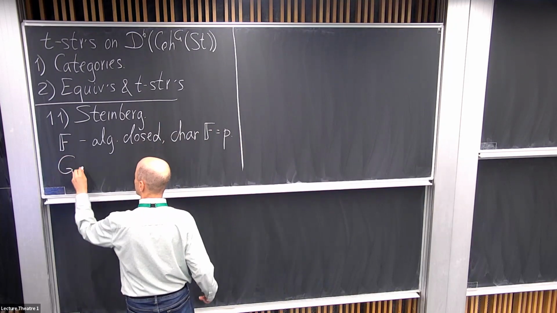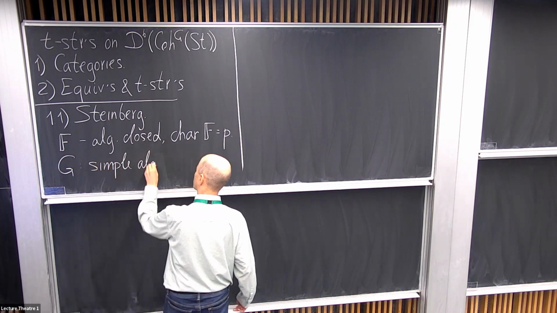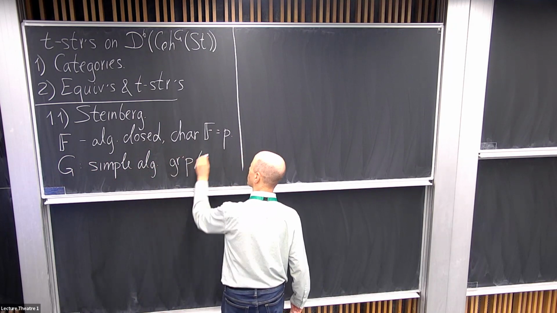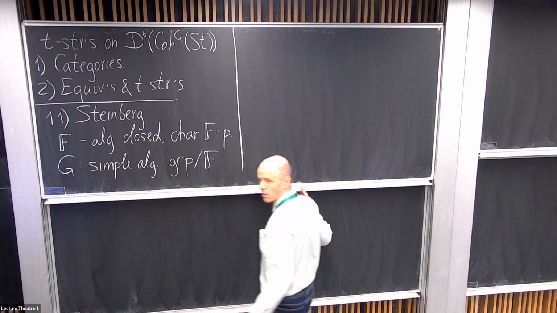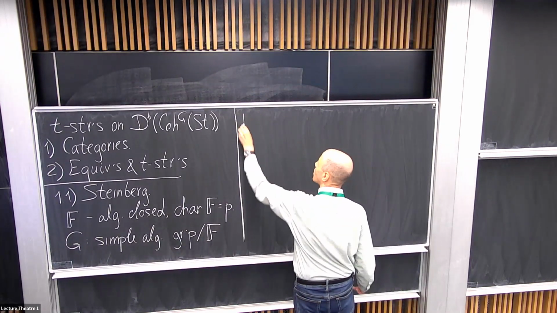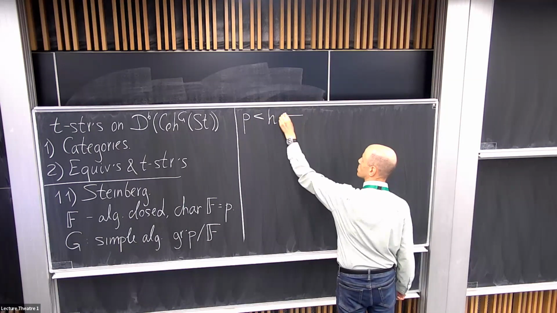Now, G is going to be a simple algebraic group over F. And I want the Coxeter number h to be larger than the characteristic.